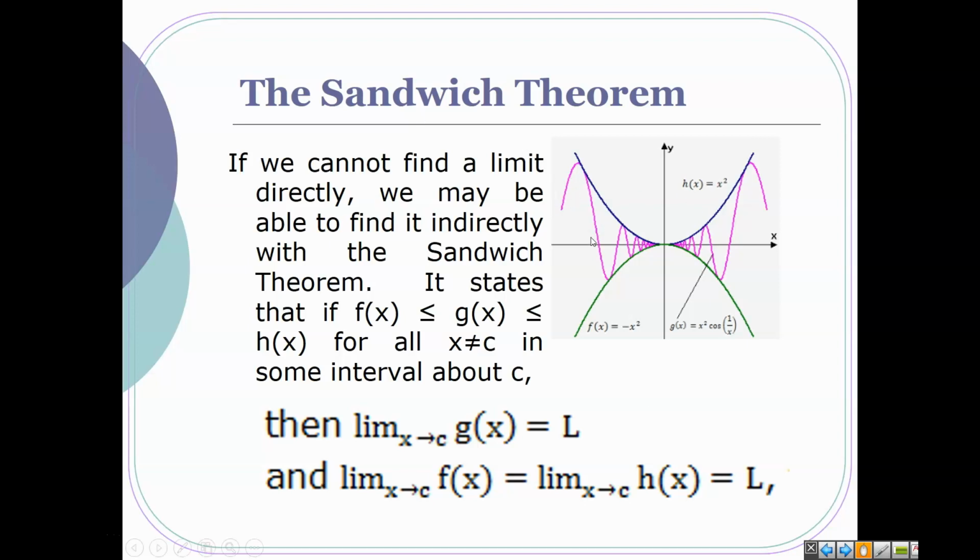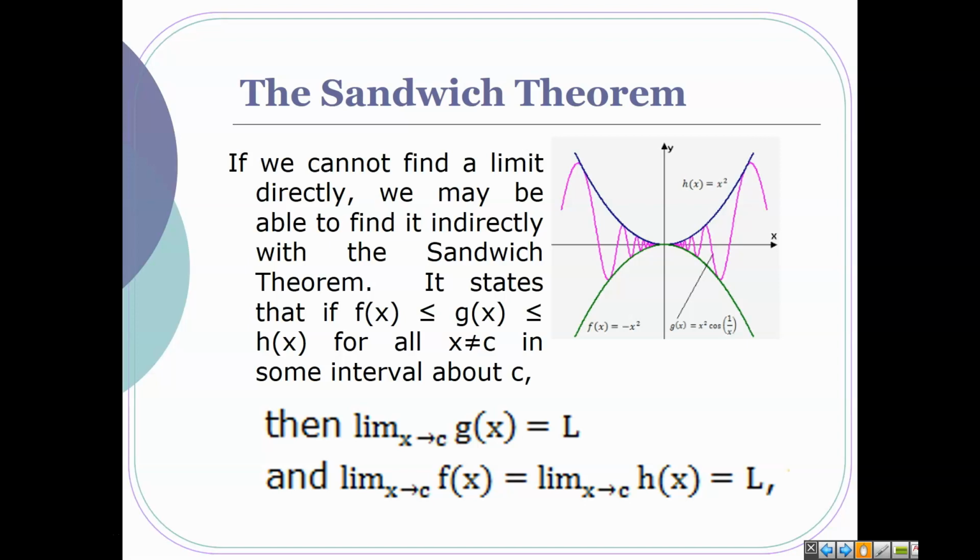So in this example here, that pink graph is an oscillating function. And that pink function is cosine of 1 over x. So without the x squared, we could graph cosine of 1 over x and see that it gets really oscillating towards the middle.